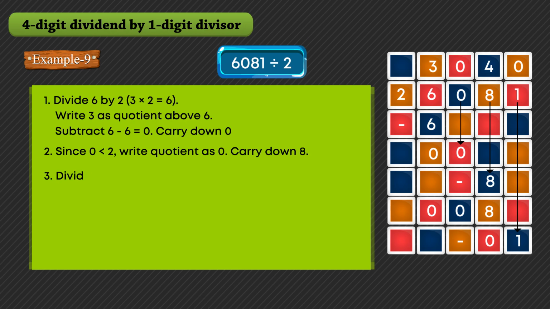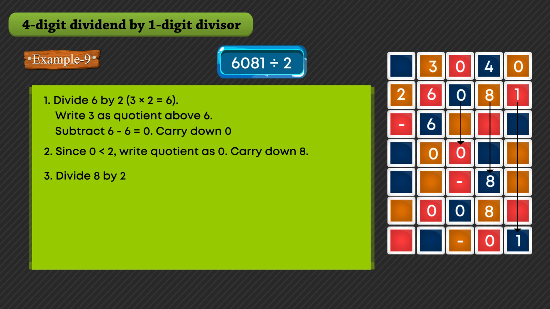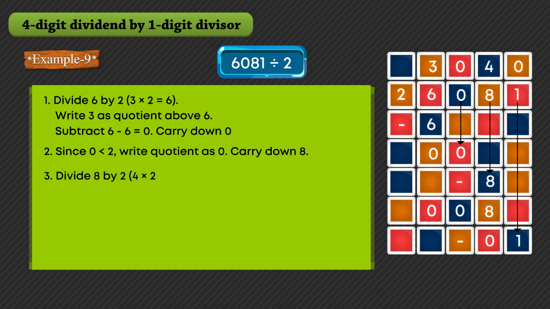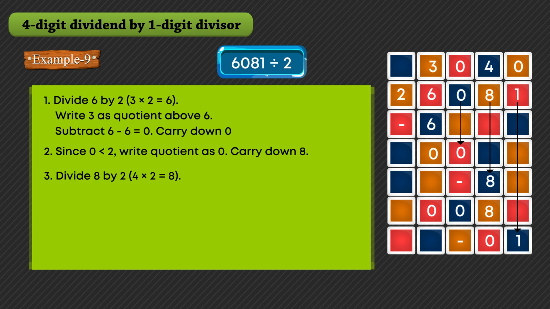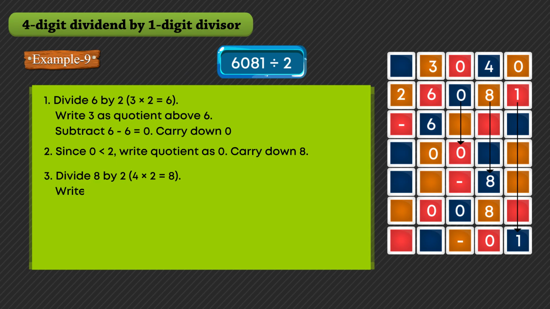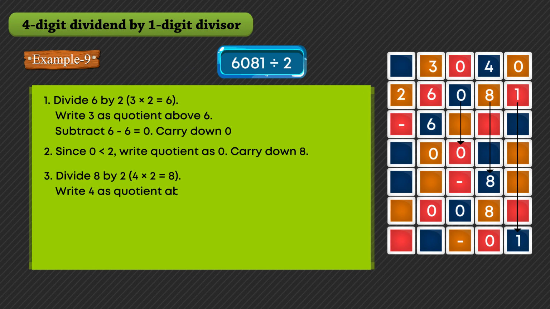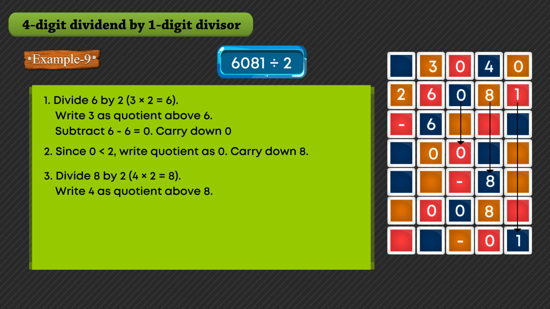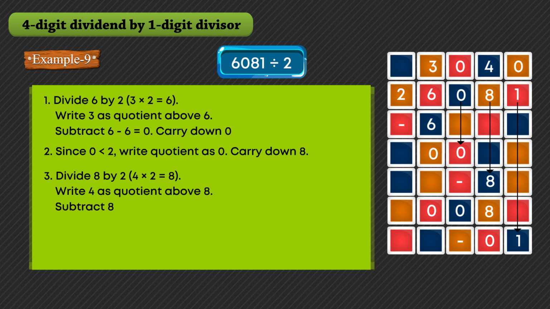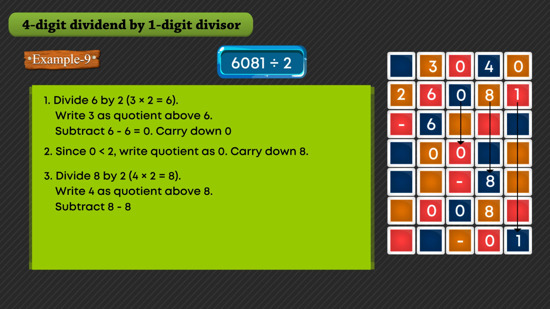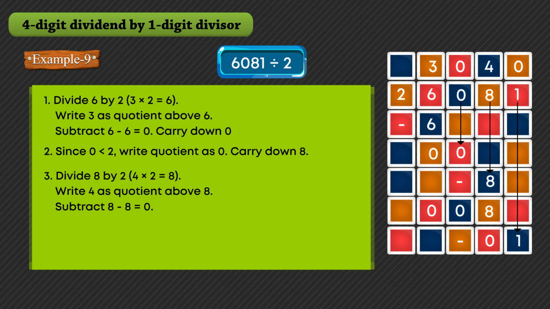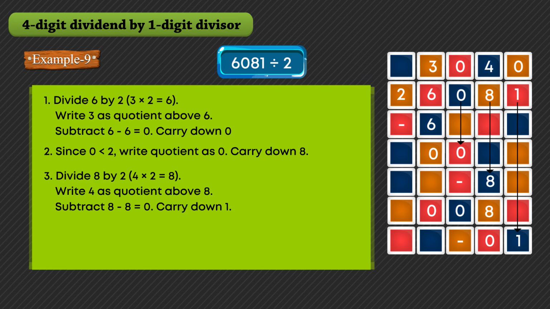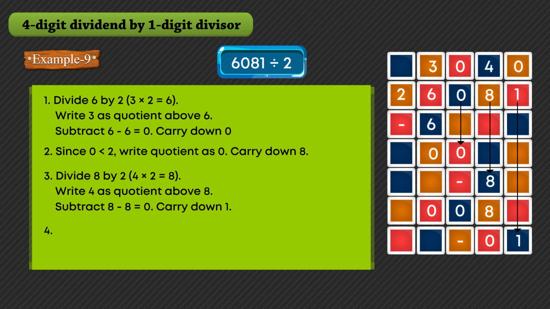3. Divide 8 by 2. 4 into 2 is equal to 8. Write 4 as quotient above 8. Subtract 8 minus 8 is equal to 0. Carry down 1. 4.